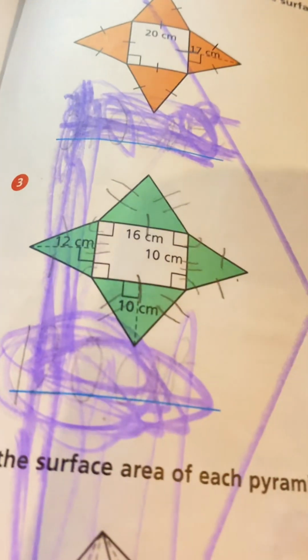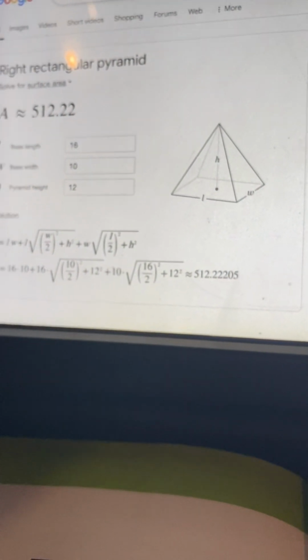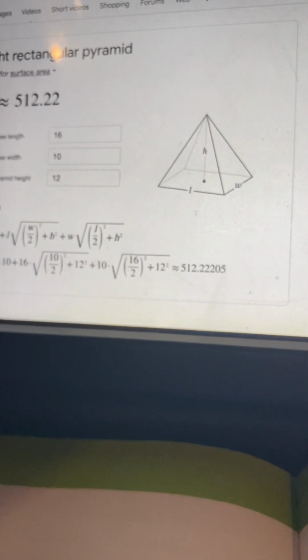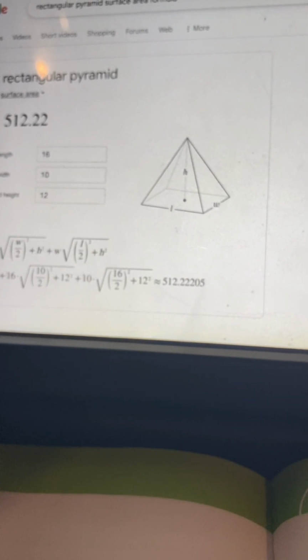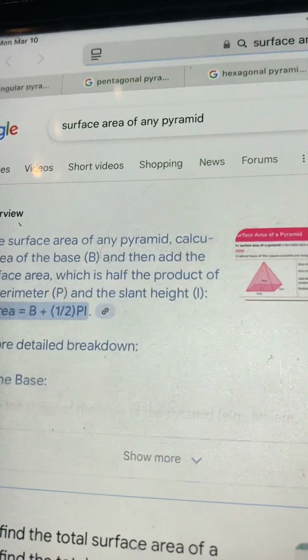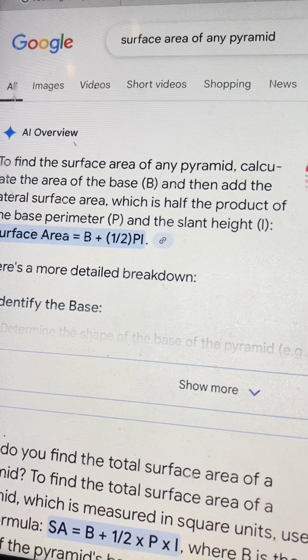Yes. But if you want to find the surface area of the net, you simply have to find the areas of all the faces and add them all together. This is only for the surface area of the net, not the surface area of the pyramid. Because as we mentioned before, the surface area of any pyramid, which is not its own net, is B plus 1/2 times PL.